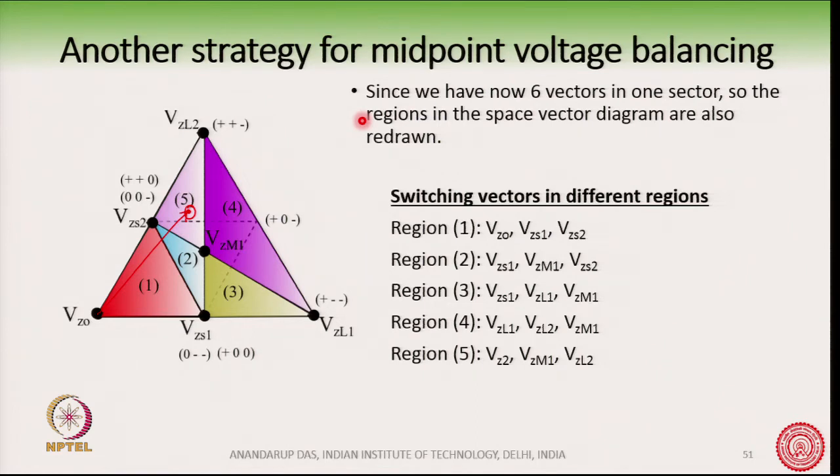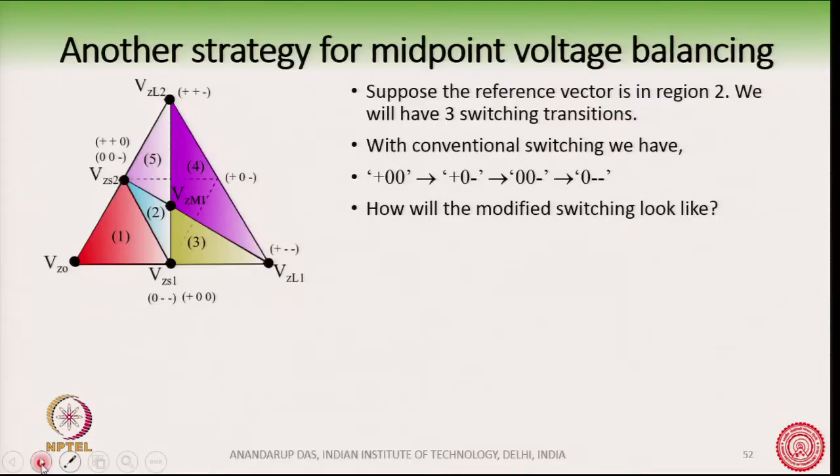Now, one question that will automatically come up in your mind is that this Vzm1 is a combination of 3 vectors. Vzm1 is not a vector obtained from a direct switching. It is obtained by switching 1/3 of these 3 vectors here.